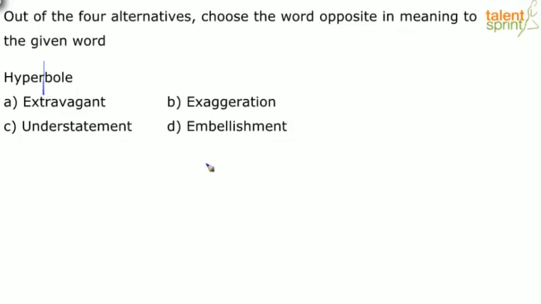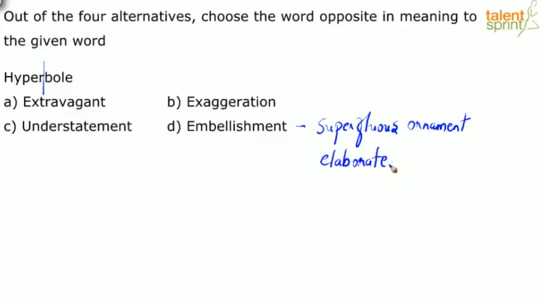So the only other word that you probably may not be aware of is embellishment. Now, embellishment is again, it could be something as an elaborated addition or a superfluous ornament, right? Something that's probably very flashy, right? Something very elaborate.